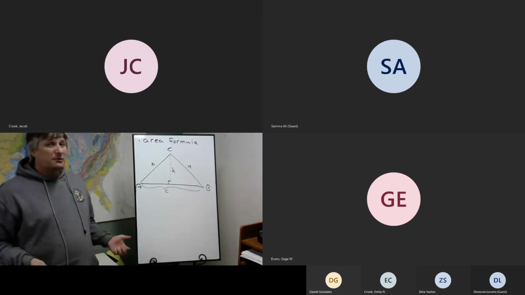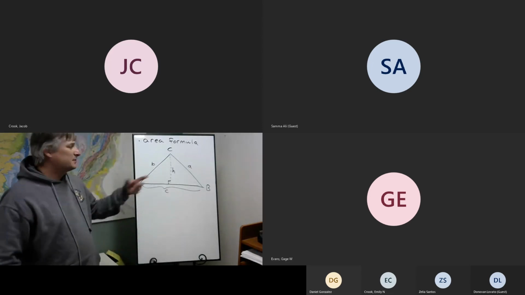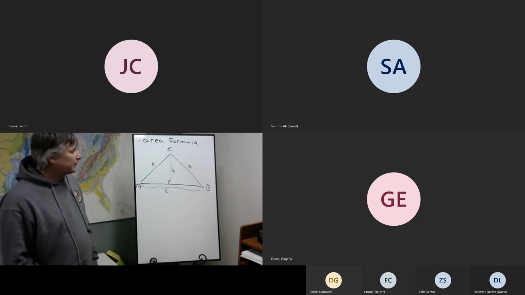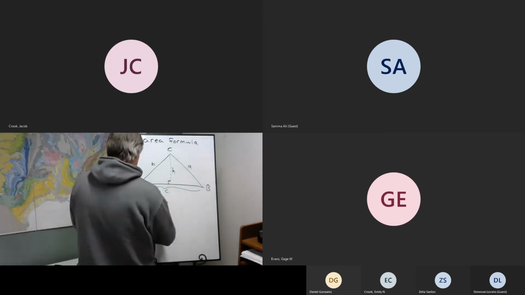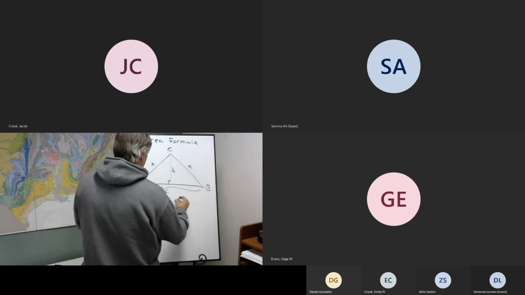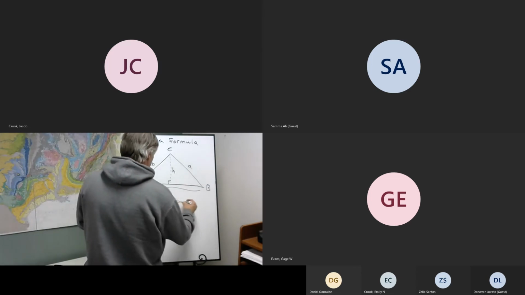So recall for a triangle, regardless of whether it's a right triangle or an oblique triangle, that the area is 1/2 base times height.